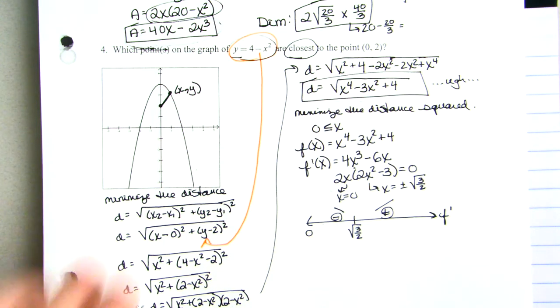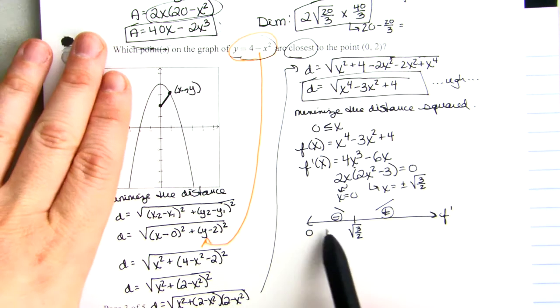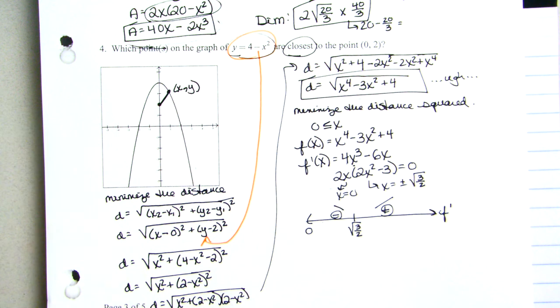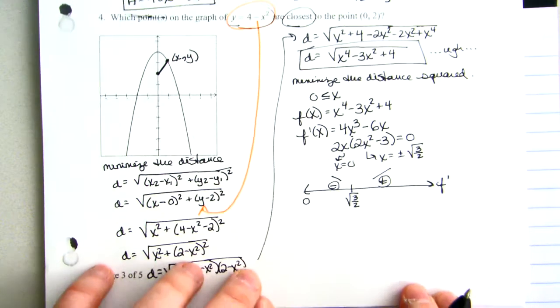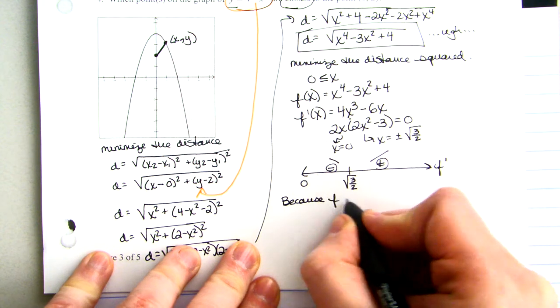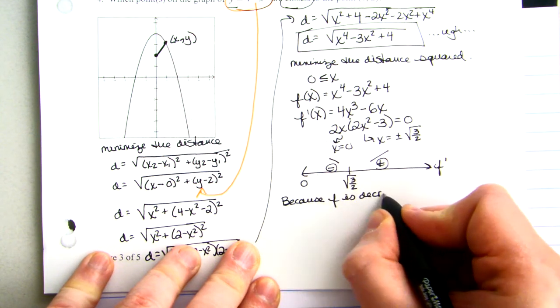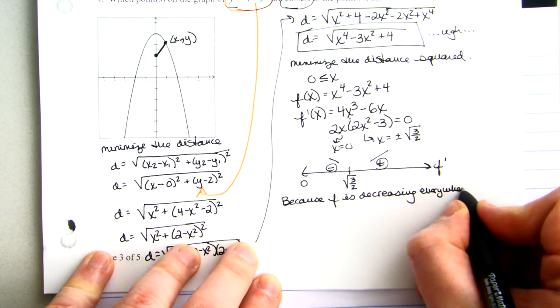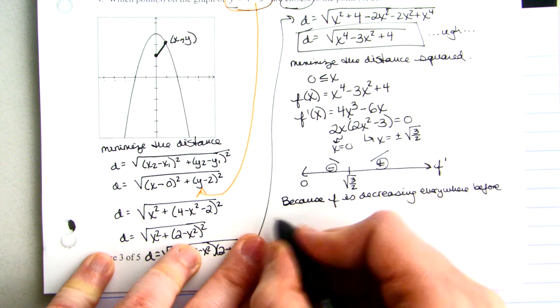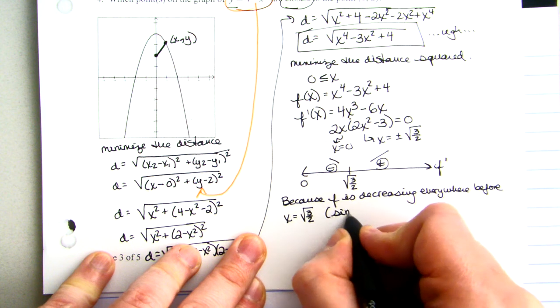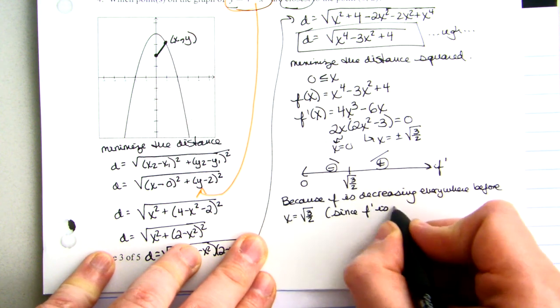And we're going to go through our global justification here, because f is decreasing everywhere before square root of 3 halves and increasing everywhere after square root of 3 halves, and tell me how you know you're decreasing and increasing. F will have to have an absolute minimum at x equals square root of 3 halves. Because f is decreasing everywhere before x equals square root of 3 halves. Why? Because f prime is negative there.